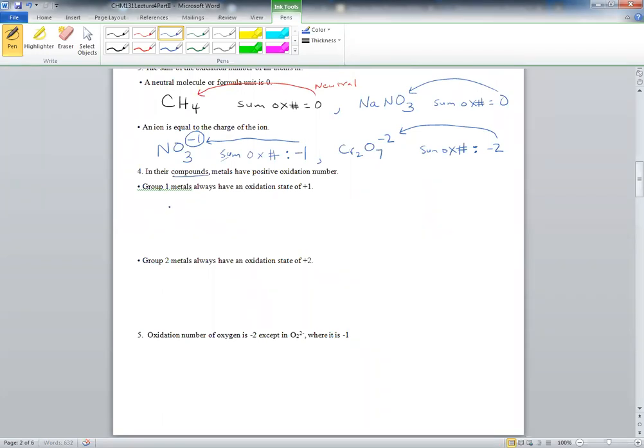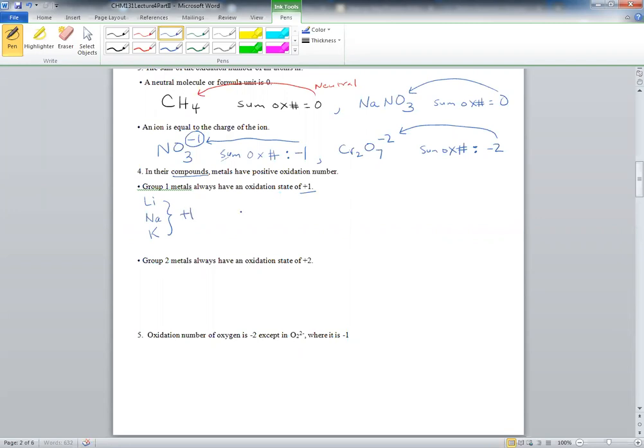So group 1 metals, that's group 1, the alkali metals, that's lithium, sodium, potassium, etc., cesium, etc. All of those in a compound, they always have a +1 oxidation number.